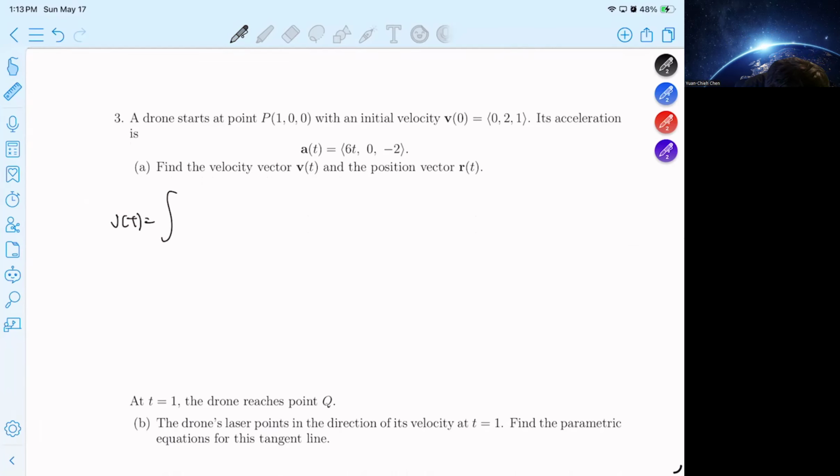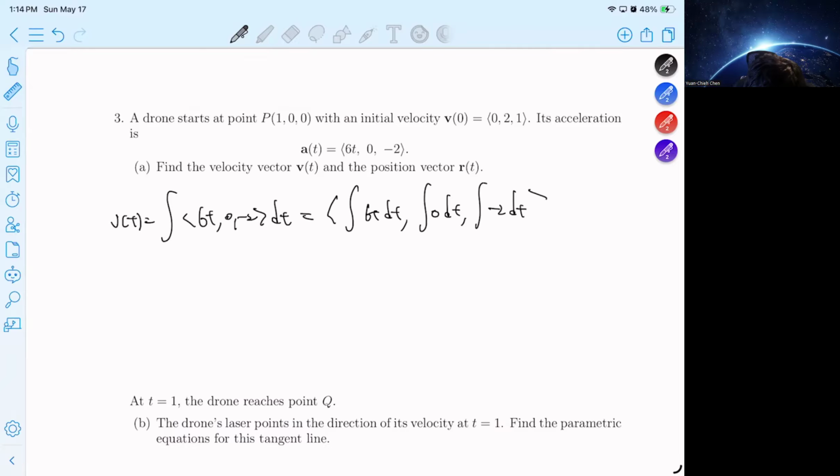When you integrate a vector valued function, we're just doing it one component at a time: 6t dt, 0 dt, negative 2 dt. So this will be 3t squared, remember we have to plus c, so c1, and 0 integrates to just a number, c2, and negative 2t plus c3.